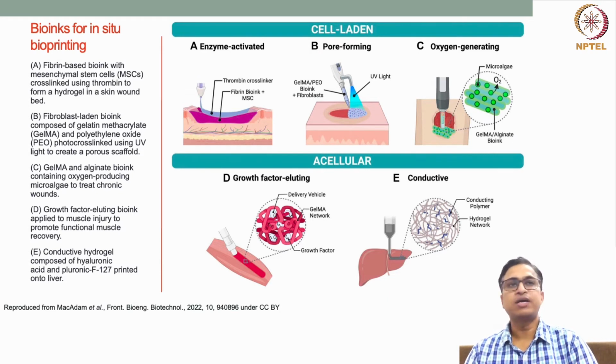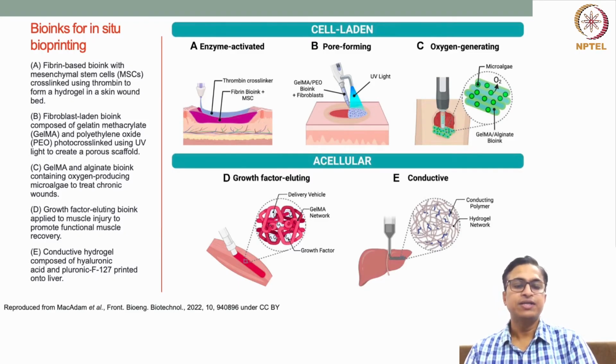And this type of bioink can be used by extrusion based or inkjet based or even laser assisted bioprinting, where we need to just consider what is the material, what is your substrate, and what is the enzyme that initiates this cross-linking mechanism.